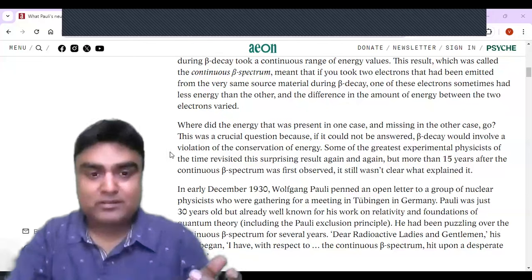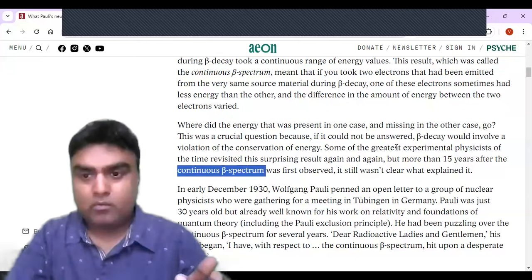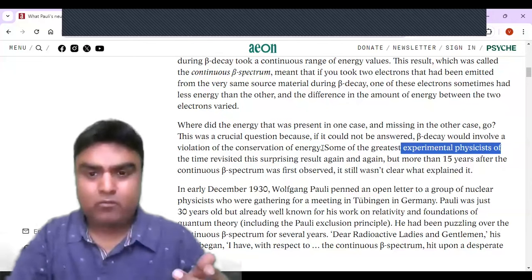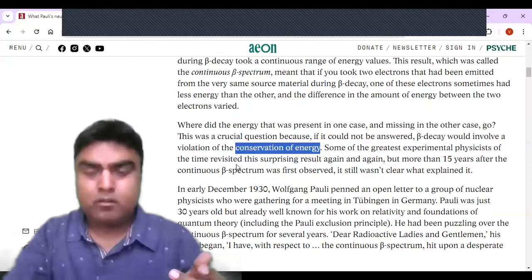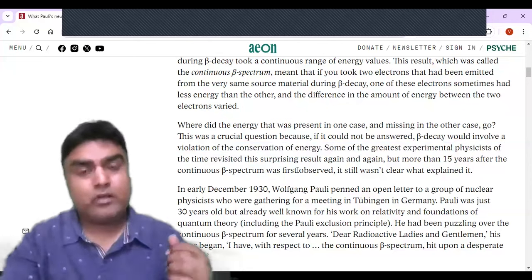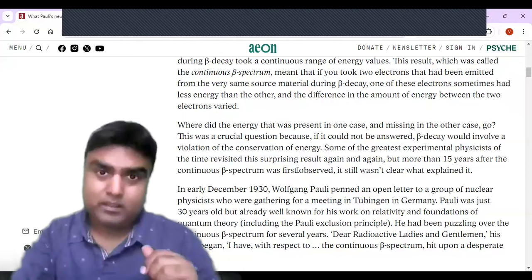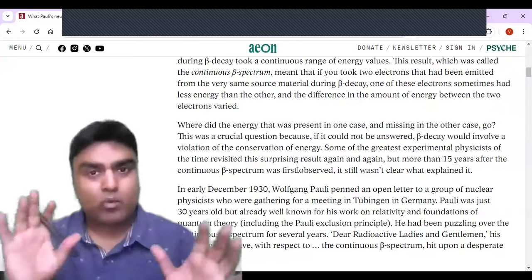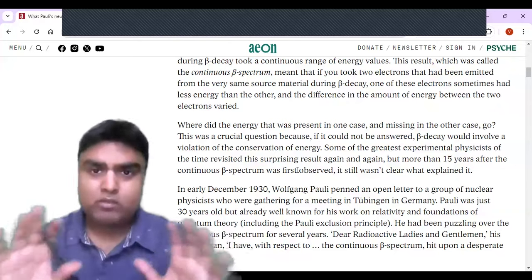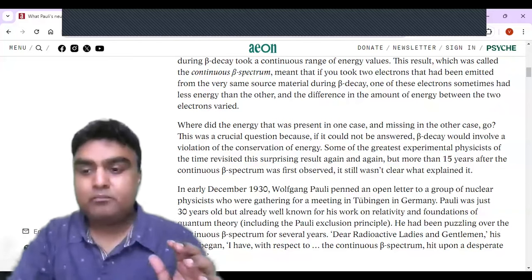Now, there are many things I'm still not able to understand: beta spectrum, experimental physicists, and what the reference to conservation of energy is here. But if I look at the main idea till now, we still have the idea that electrons have different energy, and that is the point they are pondering about, something they cannot understand. That is what we are getting clear till now.